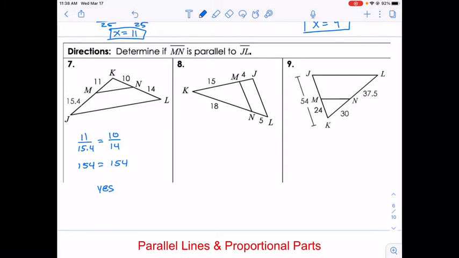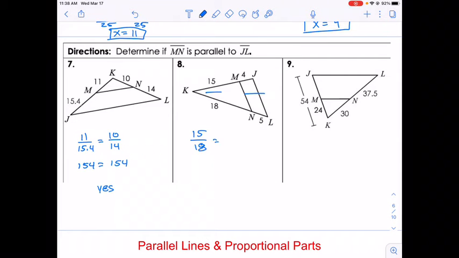All right, let's look at the next one here. So we can do this a couple ways. We can say 4 is to 5 as 15 is to 18, or we can say 4 is to 15 as 5 is to 18. So either way, we can set this up a lot of different ways here. We'll just set it up over here. There's our fraction bar, so let's do 15 over 18.